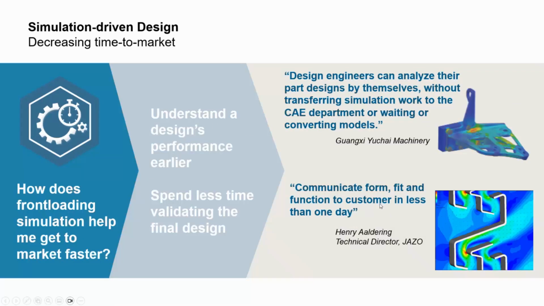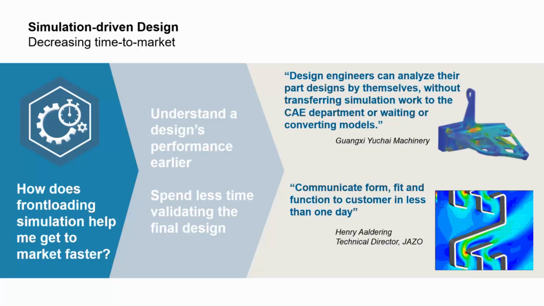Next, we look at a company like Guangxi Yuchai Machinery, which is the largest producer of internal combustion engines in China. They use simulation-driven design to help them meet market demands for more personalized products. Now, this slide is more about how does it help you get to market faster? As a company has greater personalization in their products, that means more product categories, right?